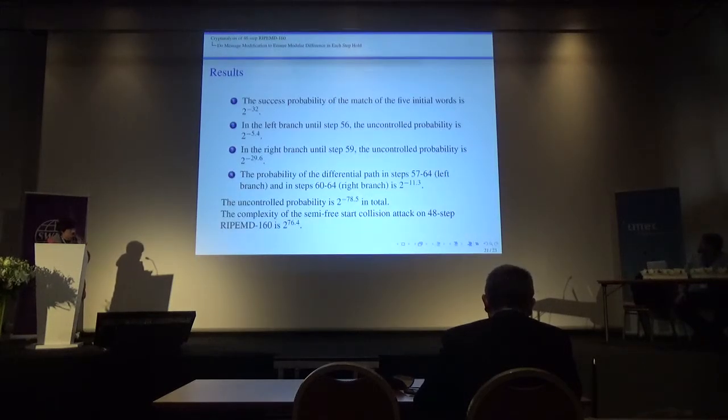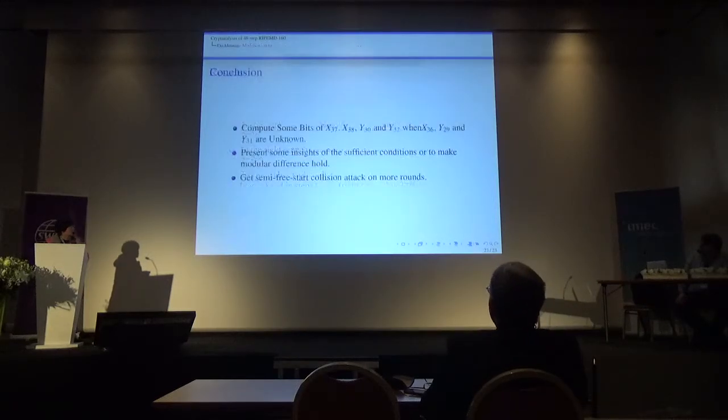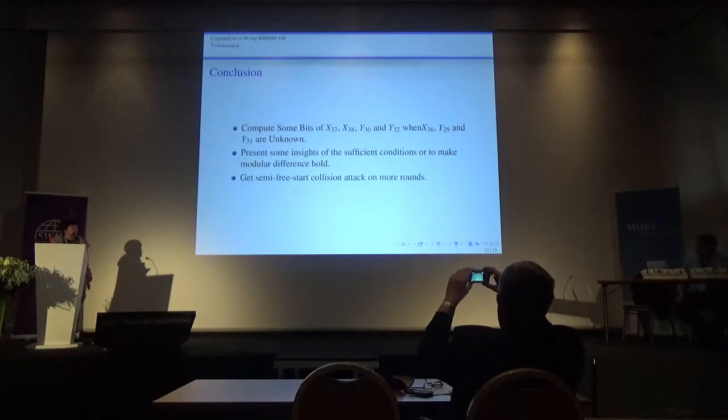The result is that the complexity of the semi-free-start collision attack on 48-step RIPEMD-160 is about 2^76.4. So the conclusion: firstly, we can compute some bits of the chaining variables under the condition that some of their inputs are unknown.